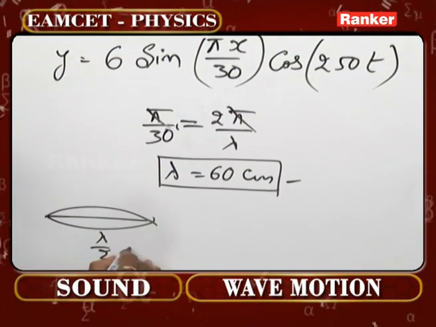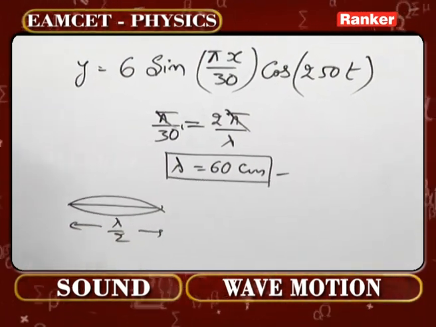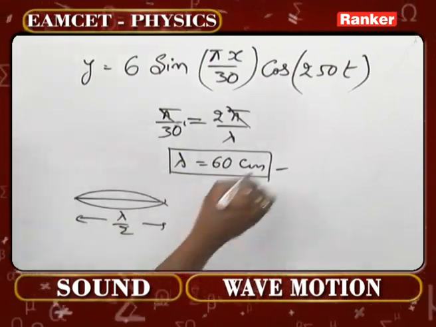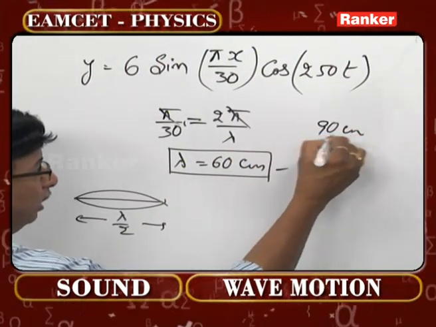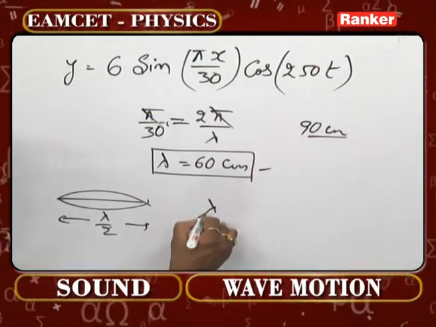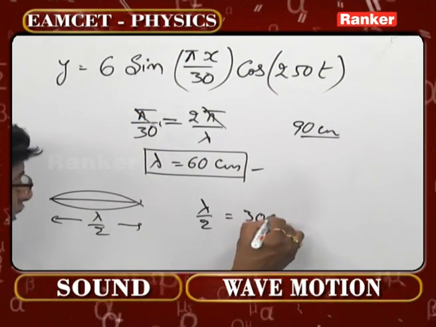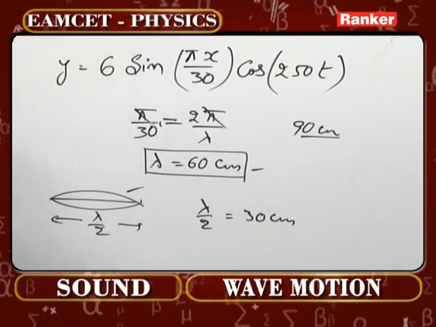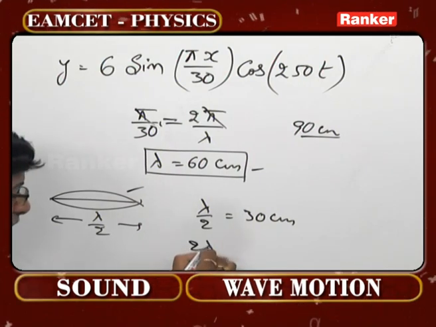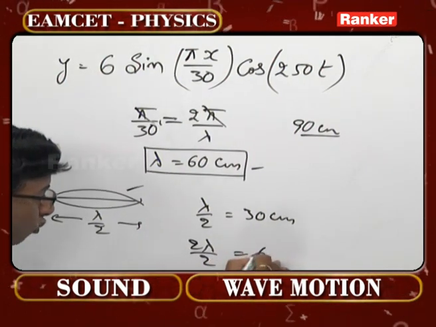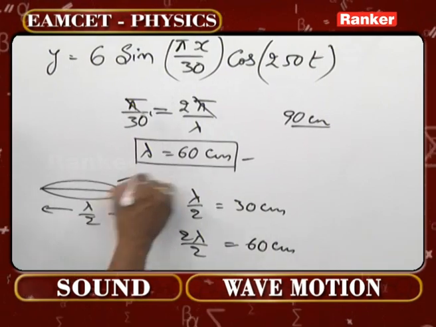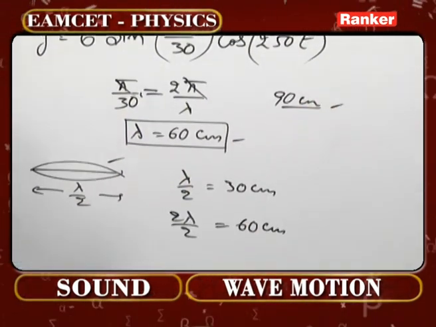Is not the length equals to lambda by 2, please? So how many loops are formed in 90 centimeter long wire is the question. You can understand lambda by 2 will be 30 centimeter. That means one loop is possible. 2 lambda by 2 for the second loop, that should be 60 centimeter. So 2 loops are possible because the total length is 90.